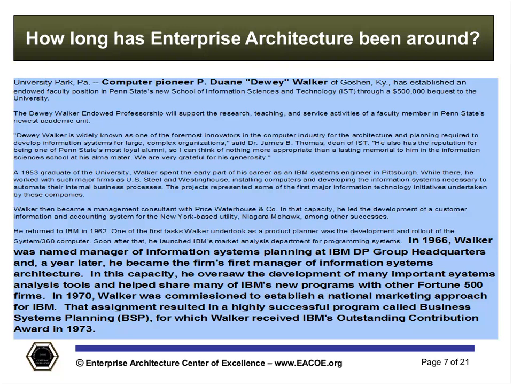In this capacity, he oversaw many of the developments of important systems analysis tools and helped bring many of IBM's new programs to other Fortune 500 companies. In 1970, this is fascinating, Walker was commissioned to establish a national marketing approach for IBM. Marketing? What does that have to do with architecture? Well, guess what?